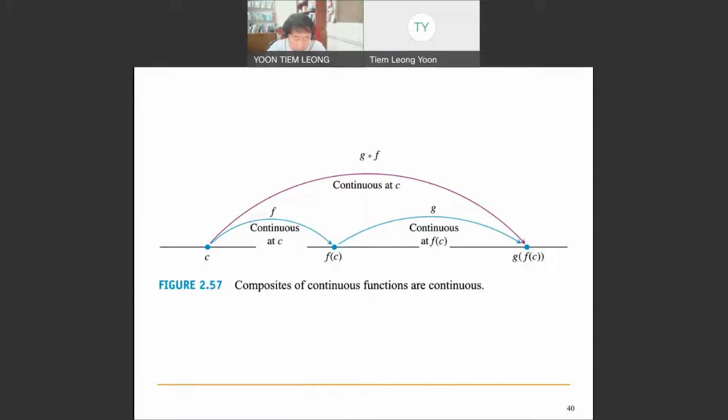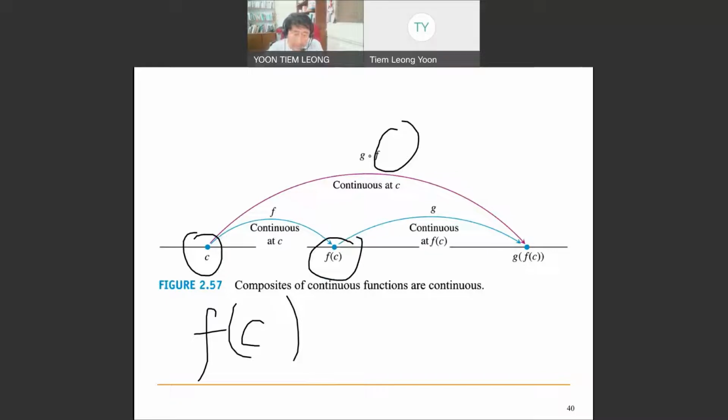So you can immediately visualize these operations from this graph. First of all, you start off with a point c, then this c is fed into the first function, f. Then f gives you f(c). This f(c) is in turn fed into g.